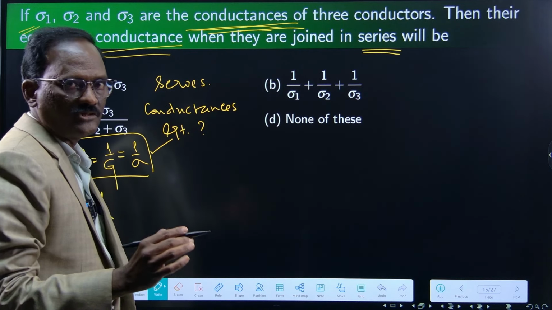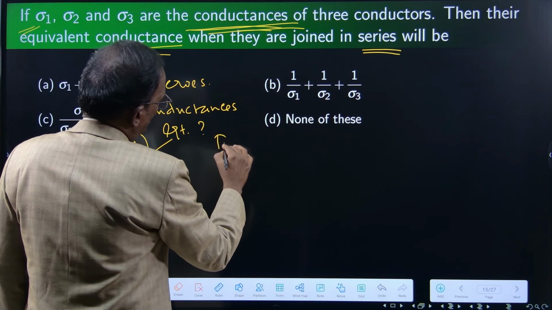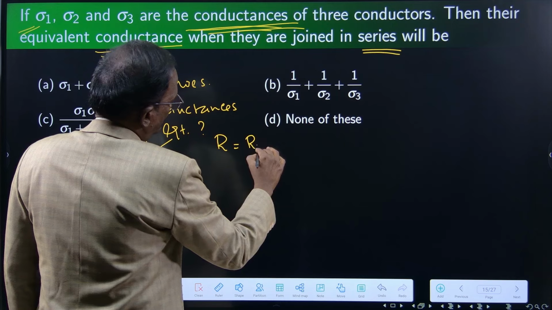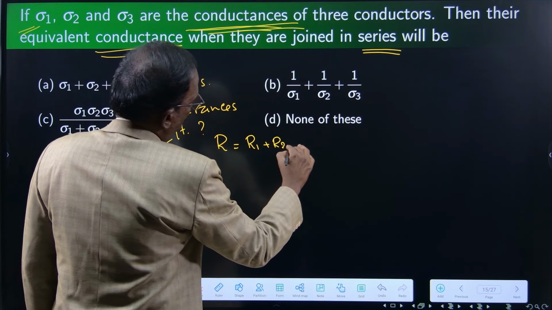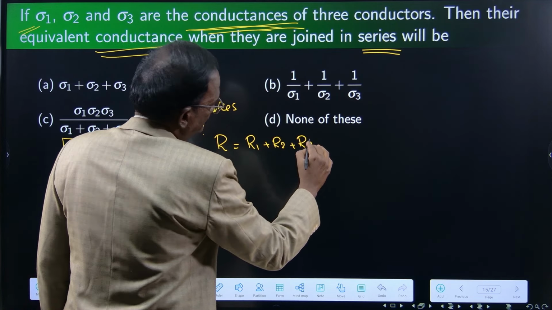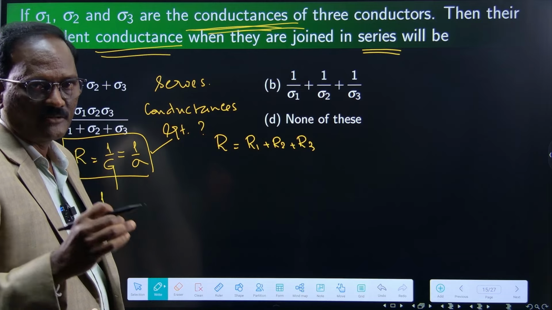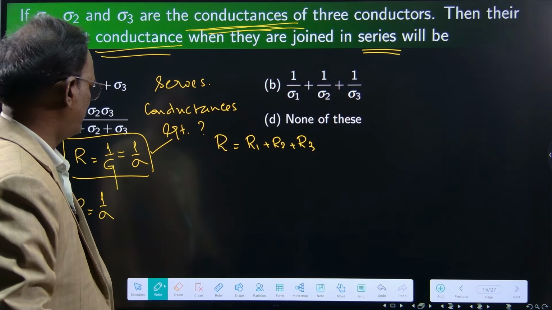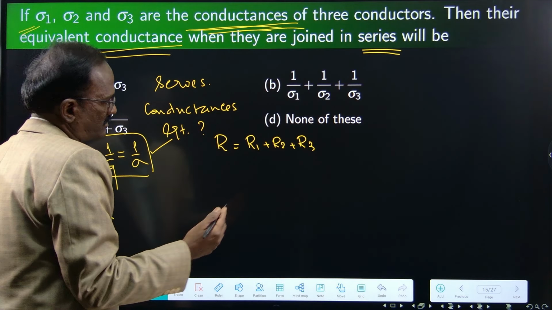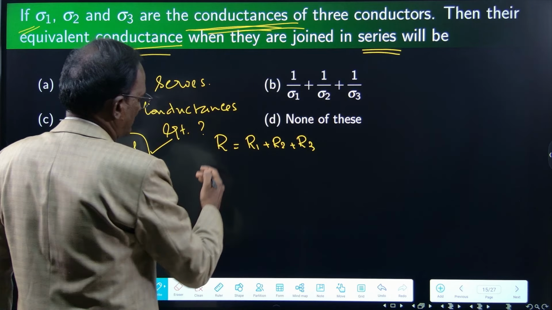As I told, we must start from R only. R is equal to R1 plus R2 plus R3. We should not start from sigma or rho. R is equal to R1 plus R2 plus R3 in series. Then what is R?